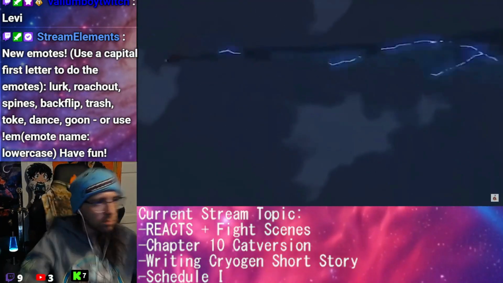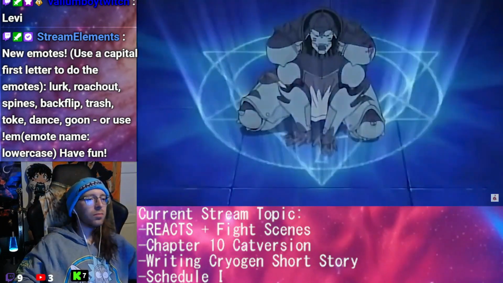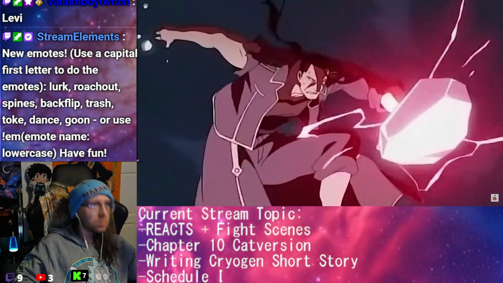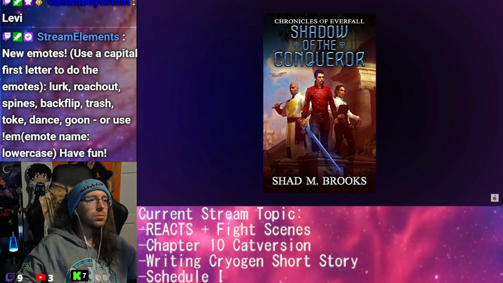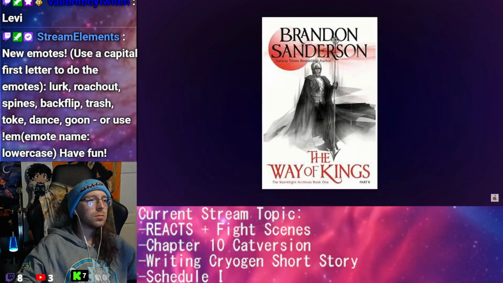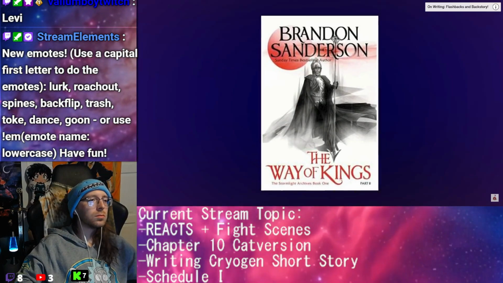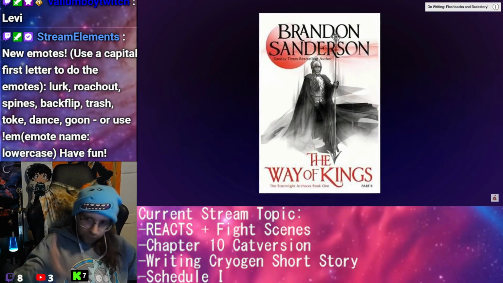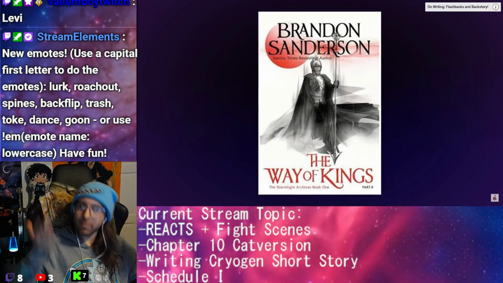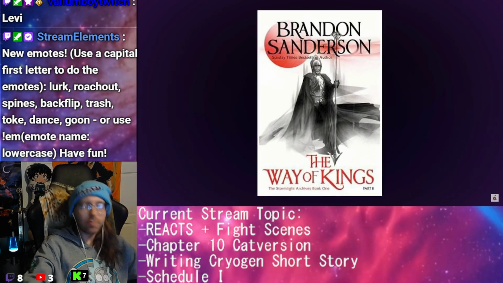Because of this, fight scenes are often used early on to give exposition about how a magic system works, showing it rather than telling it. Shad Brooks does this in The Shadow of the Conqueror, and Sanderson does this a lot in his work, writing briefly from the perspective of a character experienced in the magic system right at the start, to establish those rules so that later on, the magic system, or the gun, can go off.